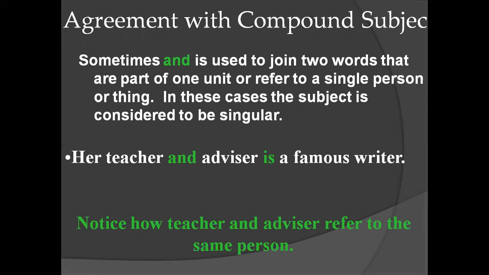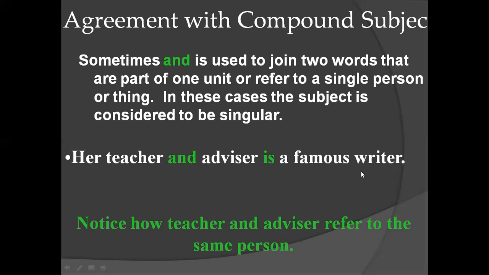Sometimes and is used to join two words that are part of one unit or refer to a single person or thing. In this case, the subject is considered to be singular. For instance, her teacher and advisor is a famous writer. You see here, teacher and advisor is a famous writer because the writer is one.